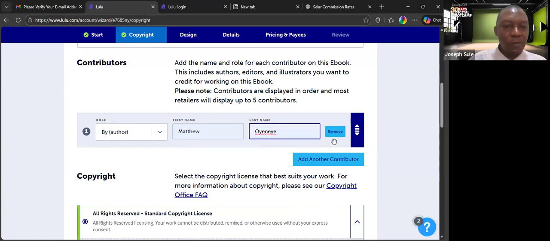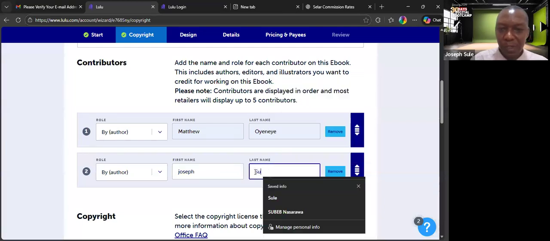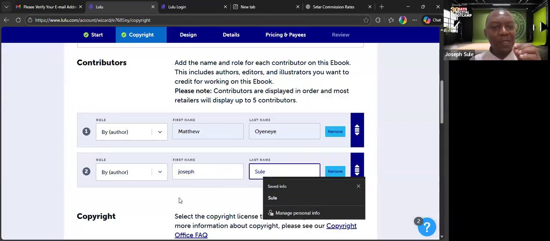Now, if I want to add, assuming the book is co-authored, this is where I'll come and add the co-author's information. Maybe Joseph Sule, assuming myself and him wrote the book. Then I'll now put my own information, Joseph Sule. And then maybe I didn't actually author the book together with him. I was an illustrator on the project. I only helped him to illustrate the book.